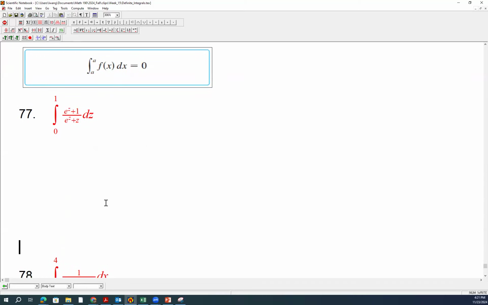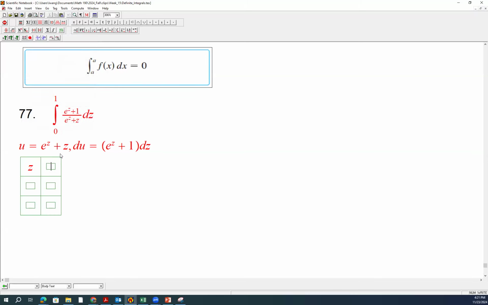Next one. Here u equals the entirety of the denominator, so u equals e to the power of z plus 1, and du is e to the power of z dz. That happens to be the numerator, right? Speaking of academic questions. So this is z, this is u. z changes from 0 to 1.